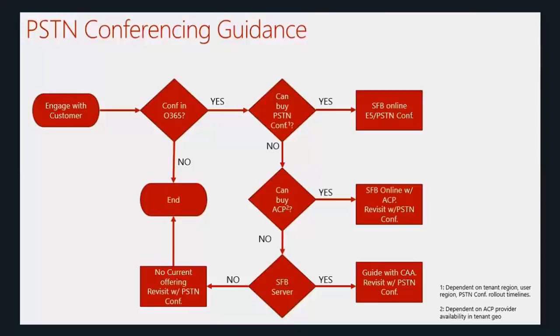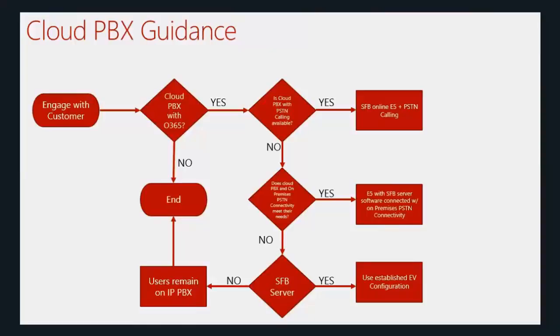Then the same thing goes for the Cloud PBX feature. Again, you can ask these questions to your customer, and based on their answers, you could know exactly what type of service or product is optimal for that specific customer.